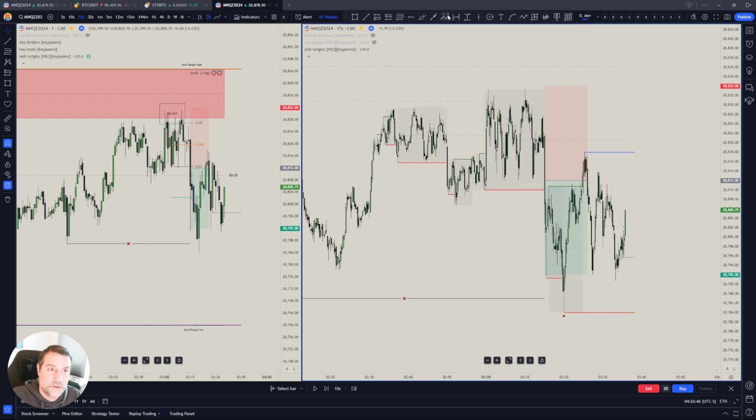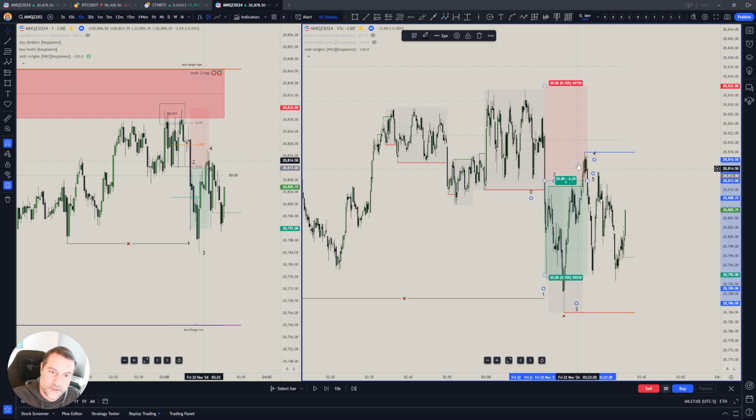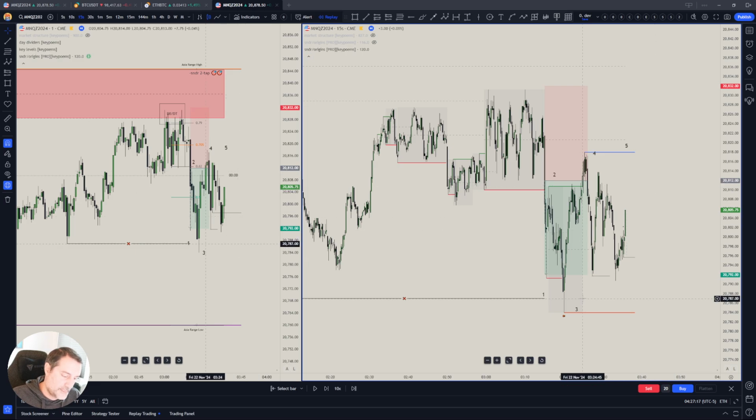So we can start counting. Let's say 1, 2, 3, 4, and then we came back up. Could not close. We came back up. We swept again, and we're going up. So maybe a 5 is going to happen here.